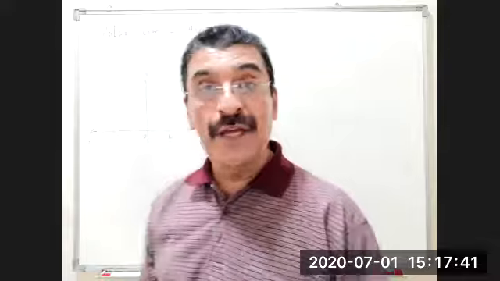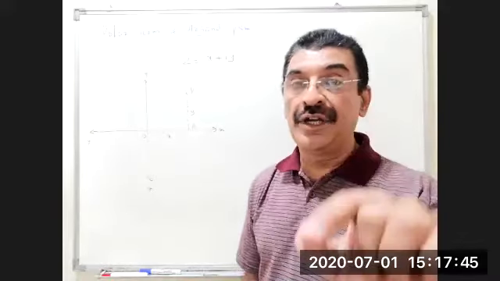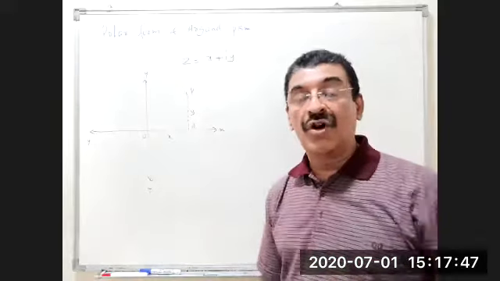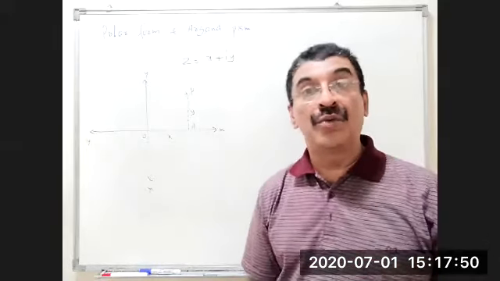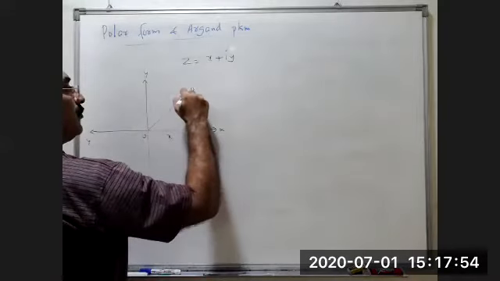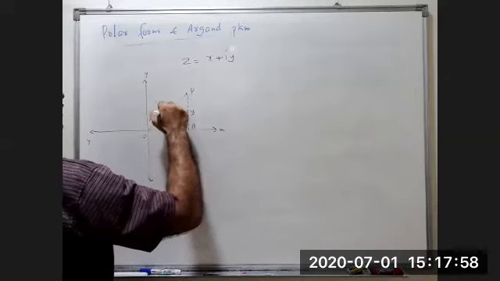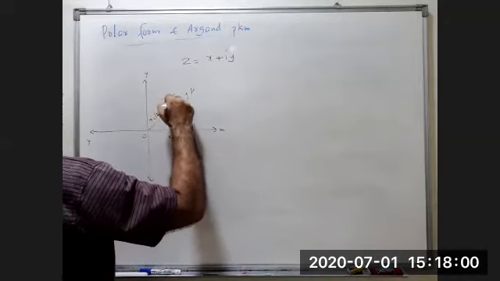In the Argand plane also, for denoting the point, we can use the coordinates or the polar form. Polar form means, see, this is the modulus, r.